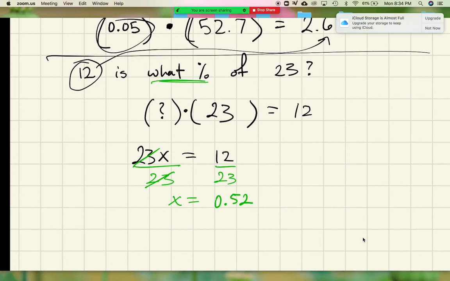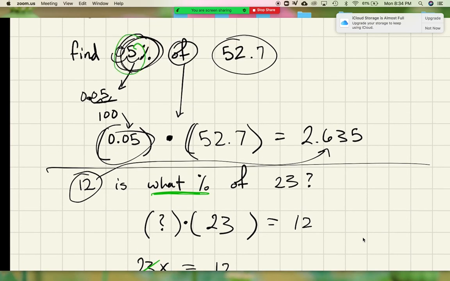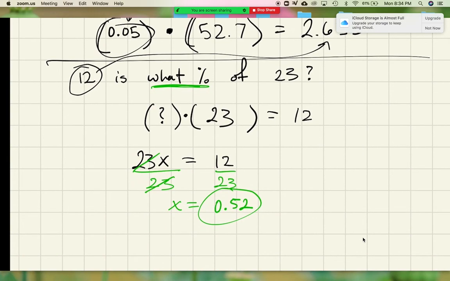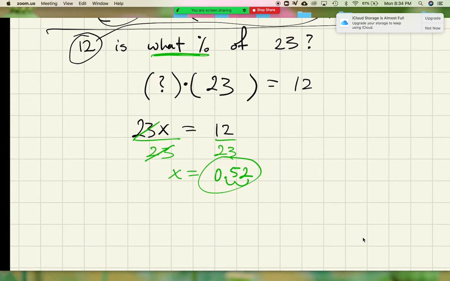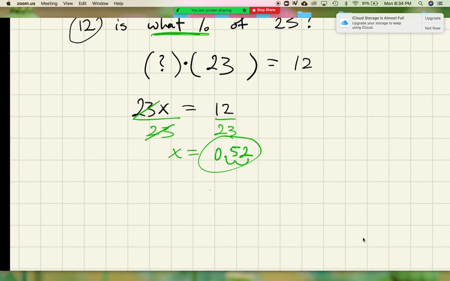But it's asking what percent, not a decimal. The way you go from a percent to a decimal is by moving the decimal over 2 to the left. Well, to go back to a percent, you move it over 2 to the right. And so the percent would be 52 point whatever percent.